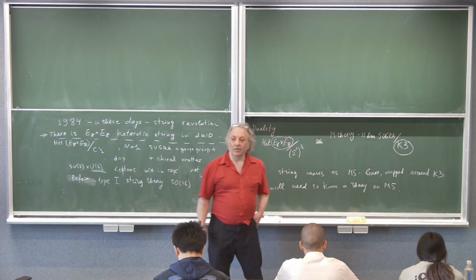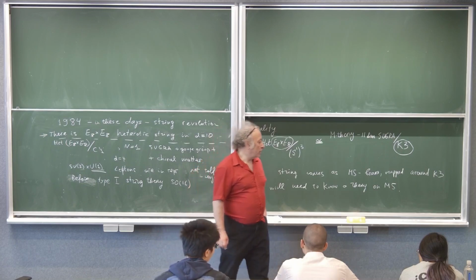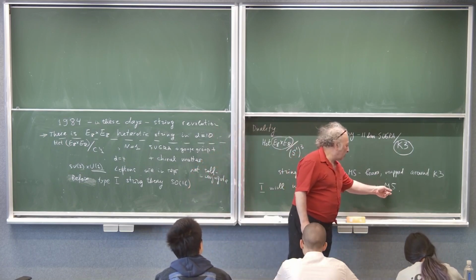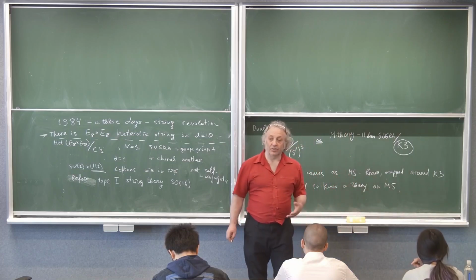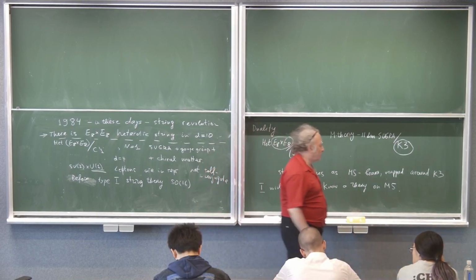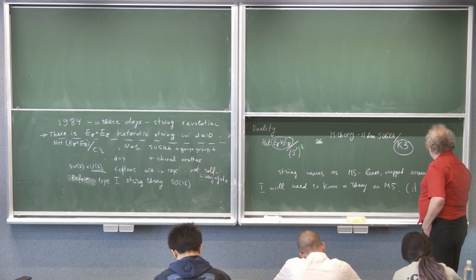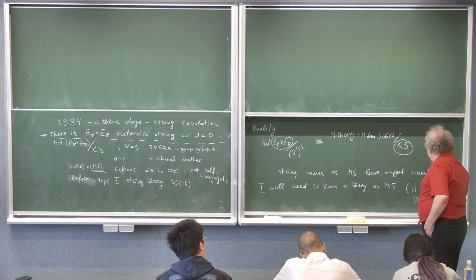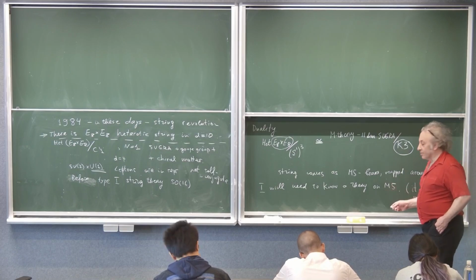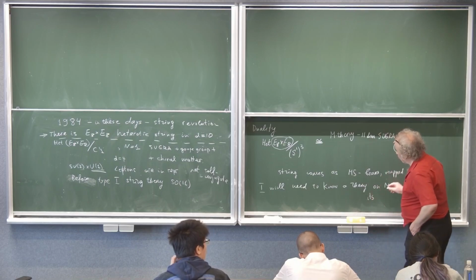At the moment, we had some questions or problems writing down the theory on M5 because it's the most mysterious brane. It is not a D-brane.